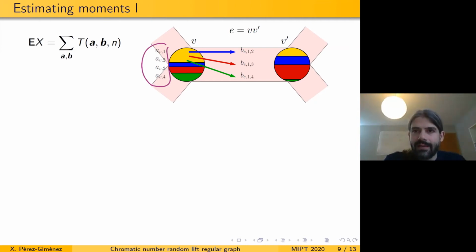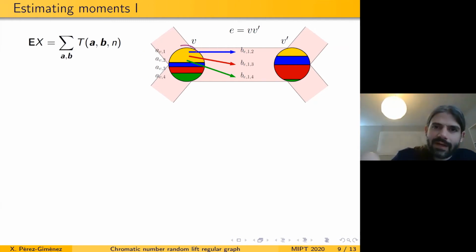I have a set of 8 parameters for each fiber. For this fiber, they're different; you can see the proportions are different. Then for any 2 fibers that are adjacent, I count how many edges, let's say, go from yellow to blue.